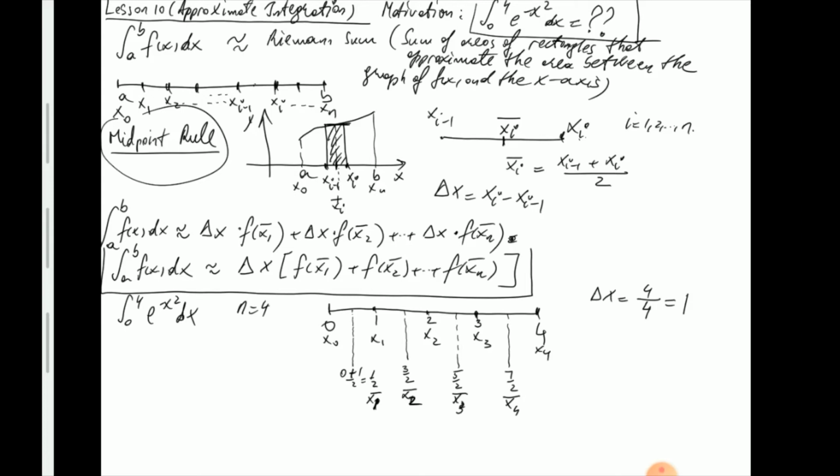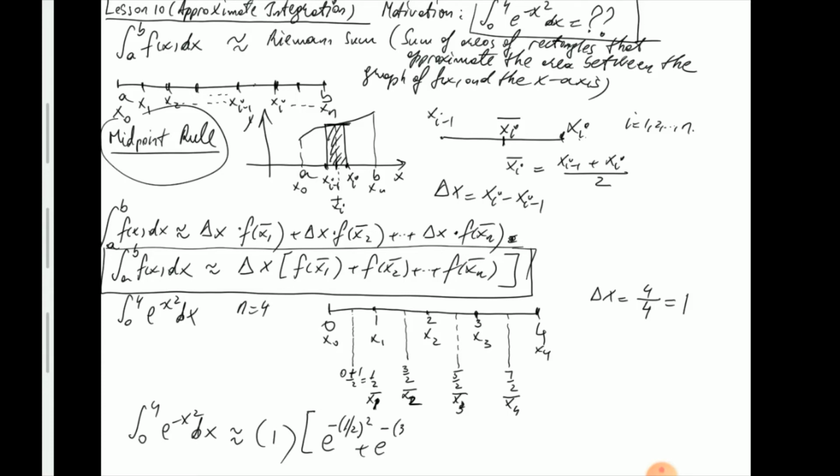So then you're going to write down the approximation of this integral by simply plugging in these quantities in the midpoint formula. So delta x is going to be 1 in my case, and then plug in 1/2 into the function, so that's e to the minus 1/2 quantity squared plus e to the minus 3/2 quantity squared, e to the minus 5 over 2 squared, and then e to the minus 7 over 2 quantity squared.